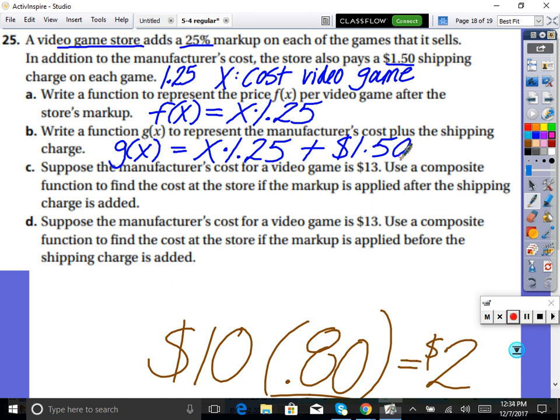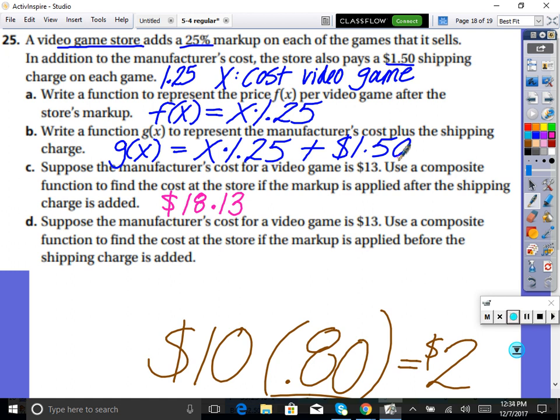It says in part C, suppose it's $13 and you apply the shipping charge first. How much money would that cost for the person? Ready, go. Take 13 in your calculator plus 1.50 and then times 1.25. So 18.125, so that would be $18.13. That's how much they're charging if they're secretly charging you interest on your shipping.